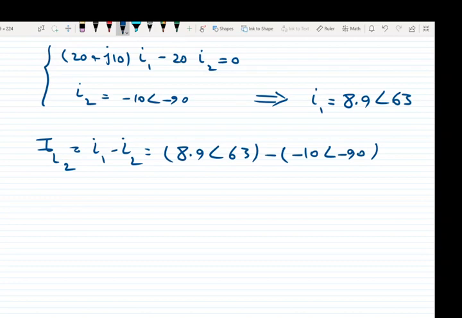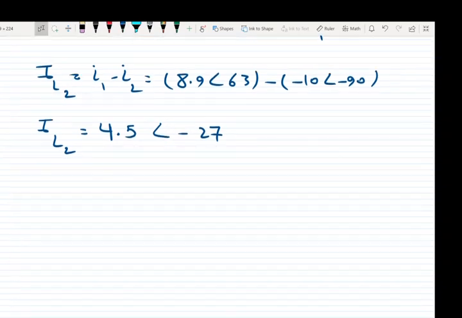IL2 is equal to 4.5 angle of negative 27.